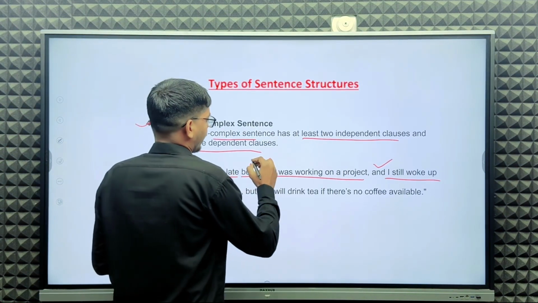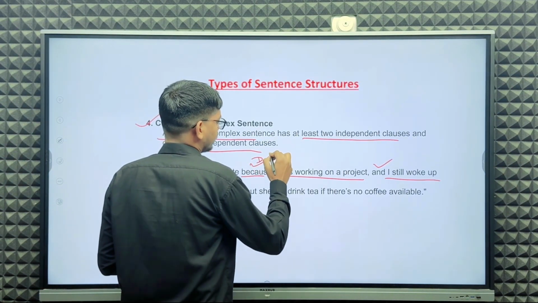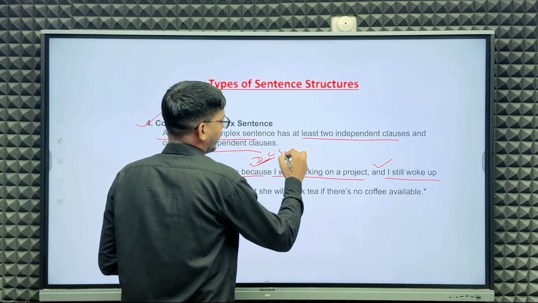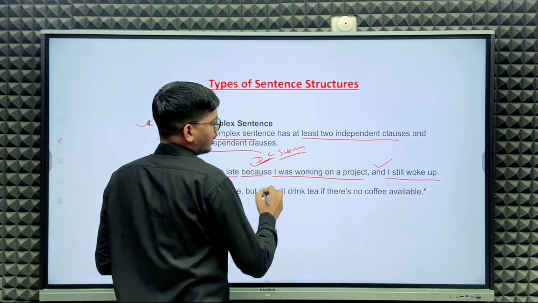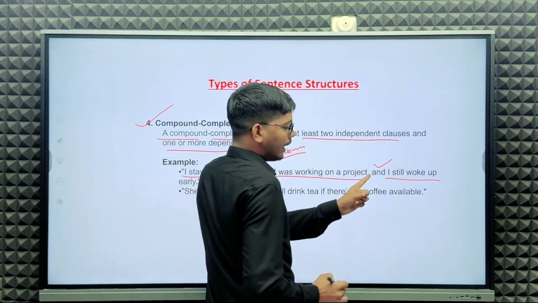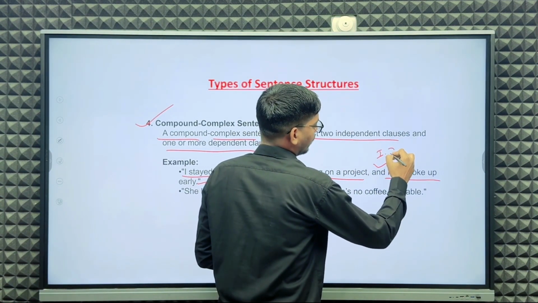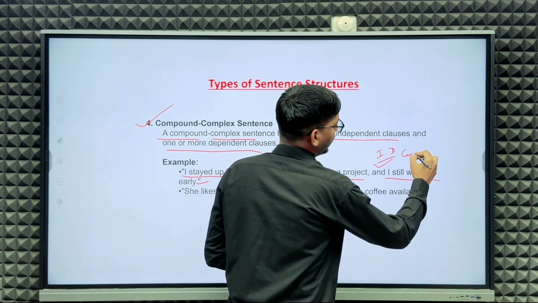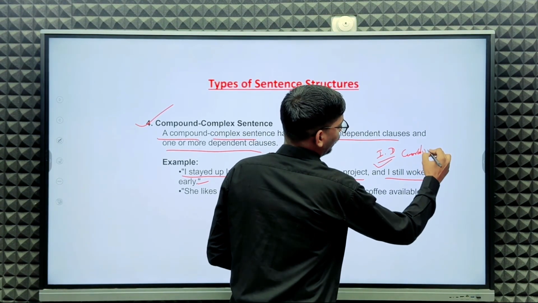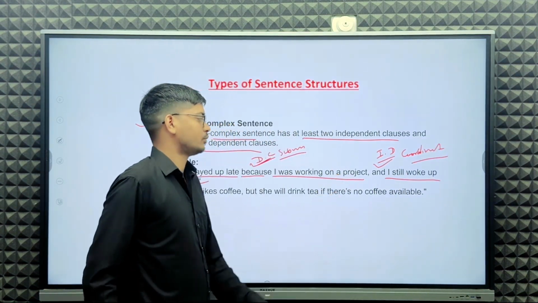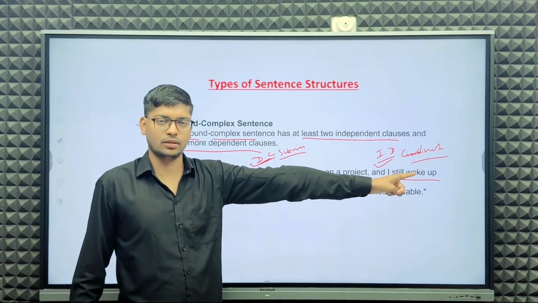Because is a dependent or subordinating conjunction, and "and" is for independent clauses, or we can say a coordinating conjunction here. Okay, and is a coordinating conjunction.